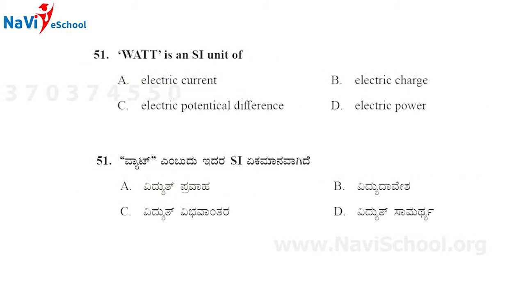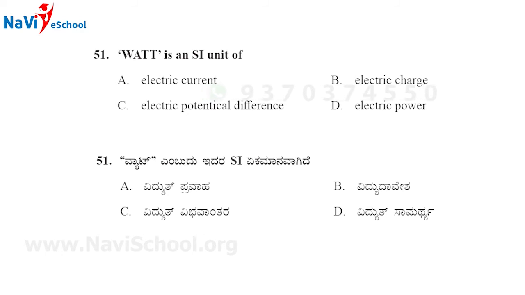Question number 51. Watt is an SI unit of: option A electric current, option B electric charge, option C electric potential difference, option D electric power. So you know already that watt is the SI unit of electric power, isn't it?